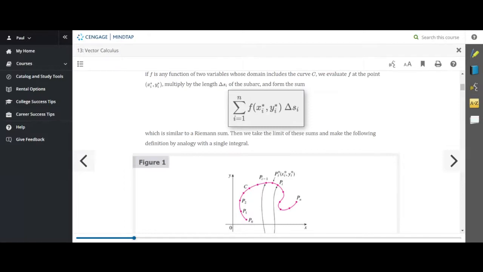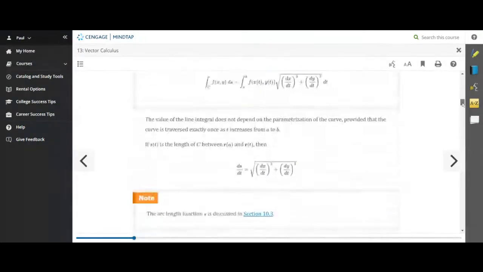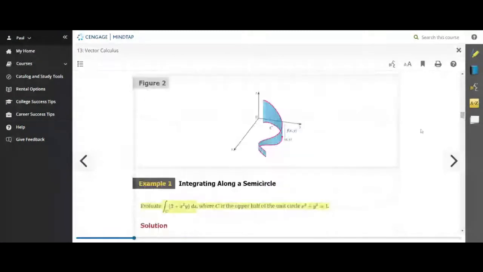And it's like taking length times height, that gets you area. So they have a little picture that shows that in figure 2. This is really geometrically what the arc length stands for.